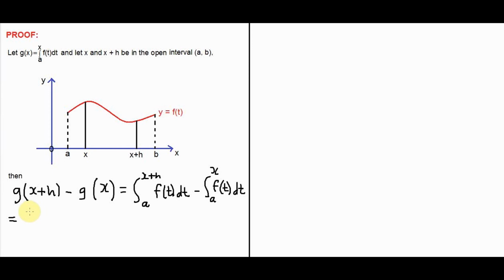integral. So we can write it as the definite integral from a to x of f of t dt plus the definite integral from x to x plus h of f of t dt.